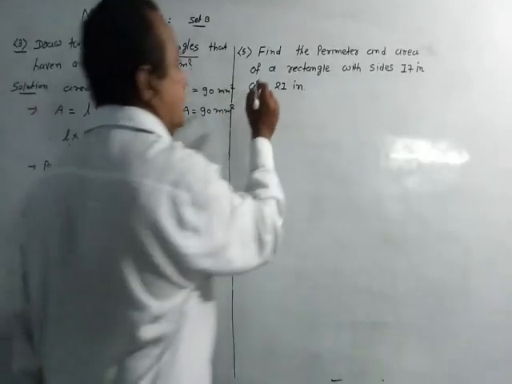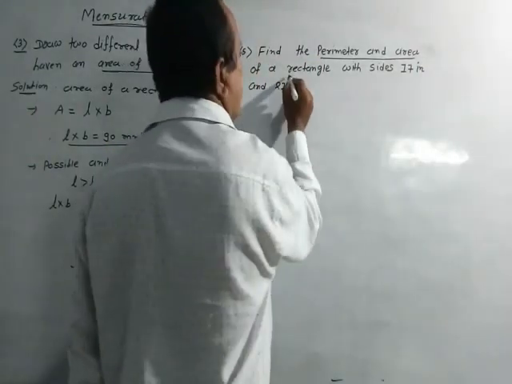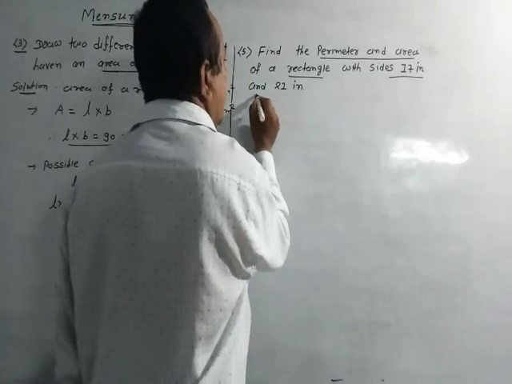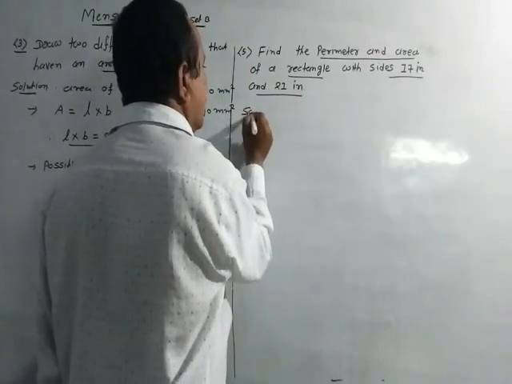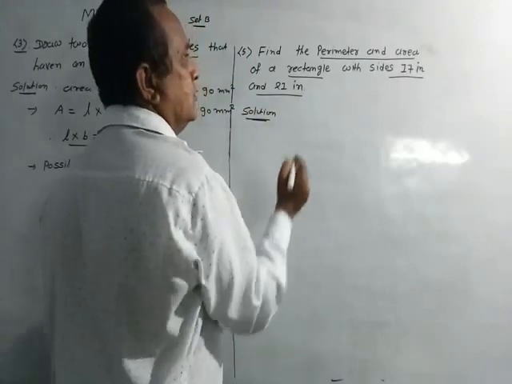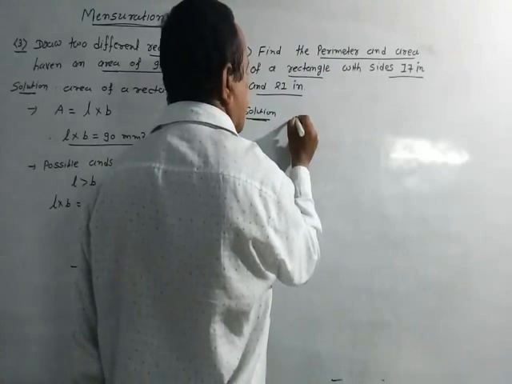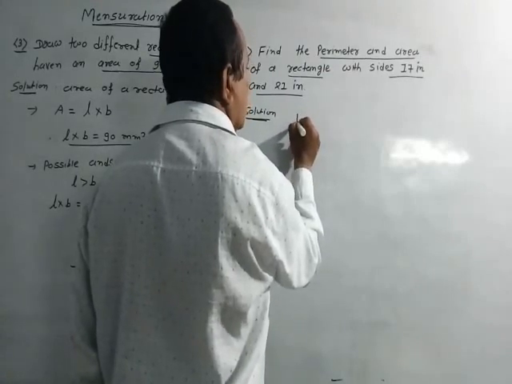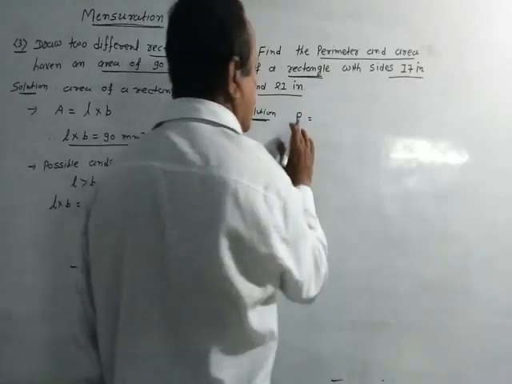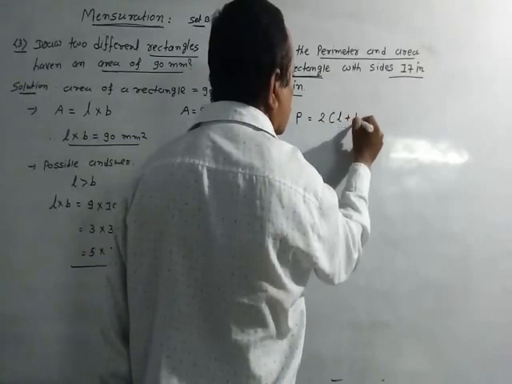Now example number 5. Find the perimeter and area of a rectangle of size 17 inch and 21 inch. First we find the perimeter. Given rectangle, then perimeter P is equal to 2 times (L plus B).